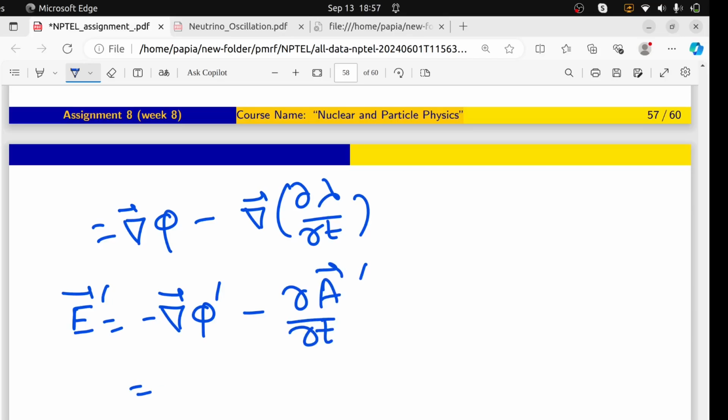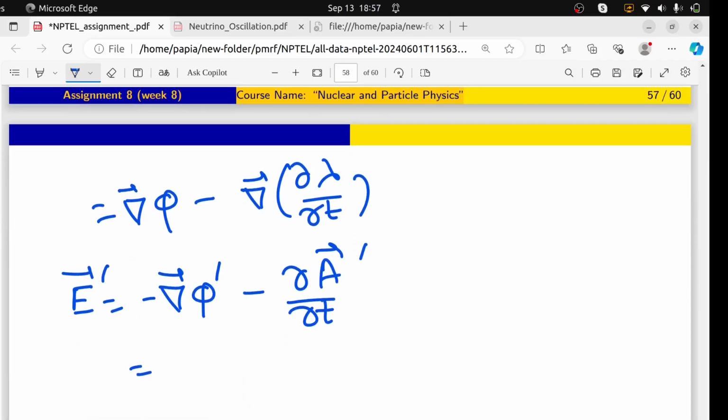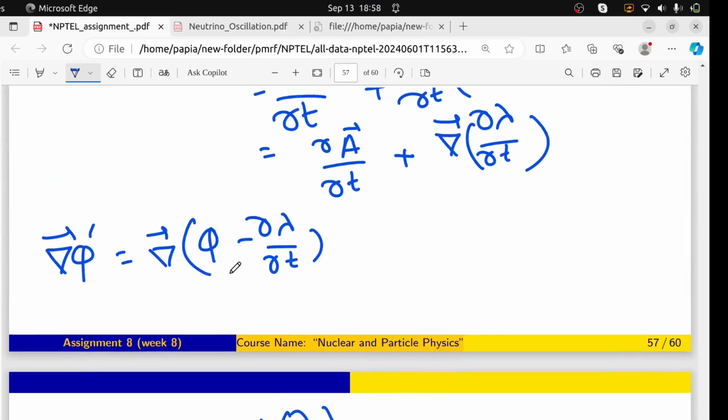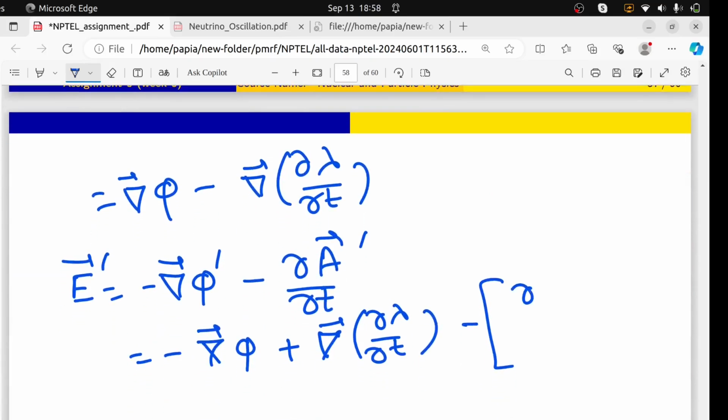So that means minus of grad phi, minus and minus plus, grad del lambda del T, minus del A prime del T. Del A prime del T is how much? Del A del T plus grad of del lambda del T.